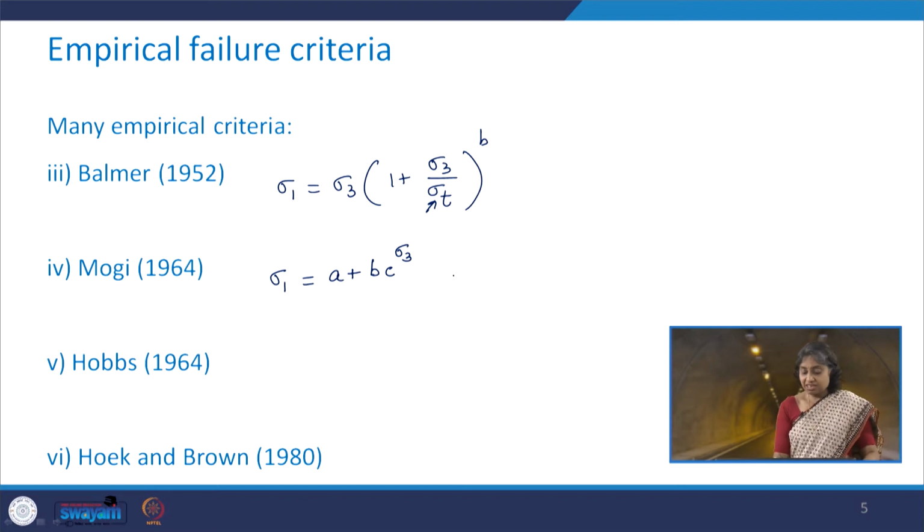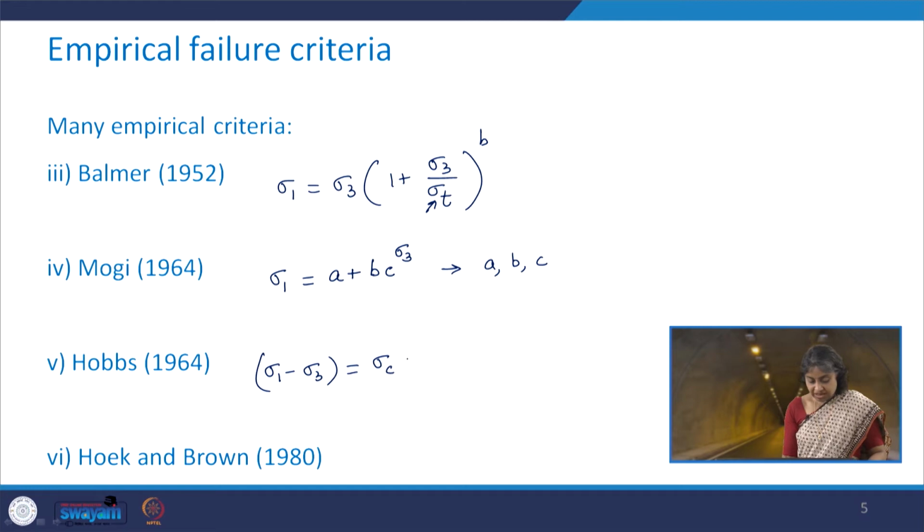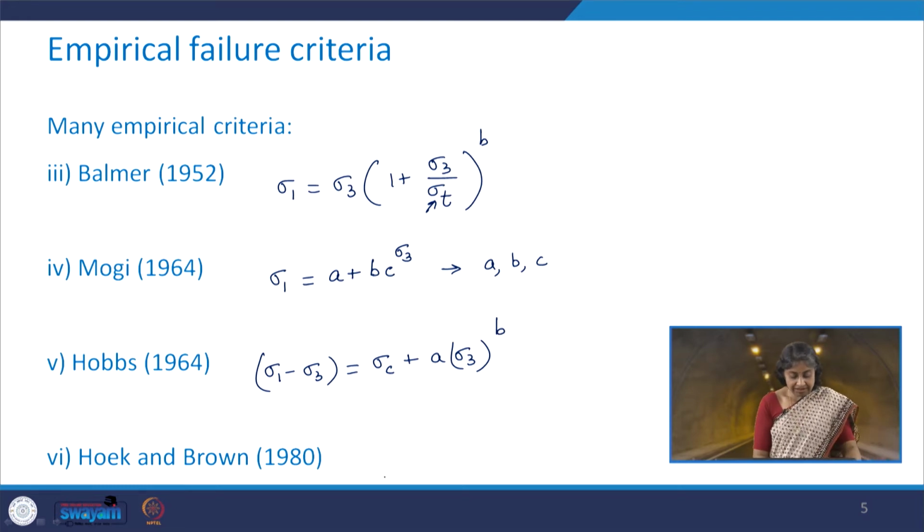So in this case there were 3 parameters of the criterion, a, b and c. Hobbs in 1964 gave sigma 1 minus sigma 3 equal to sigma c plus a sigma 3 to the power b. Then another criterion was given by Hoek and Brown in 1980.